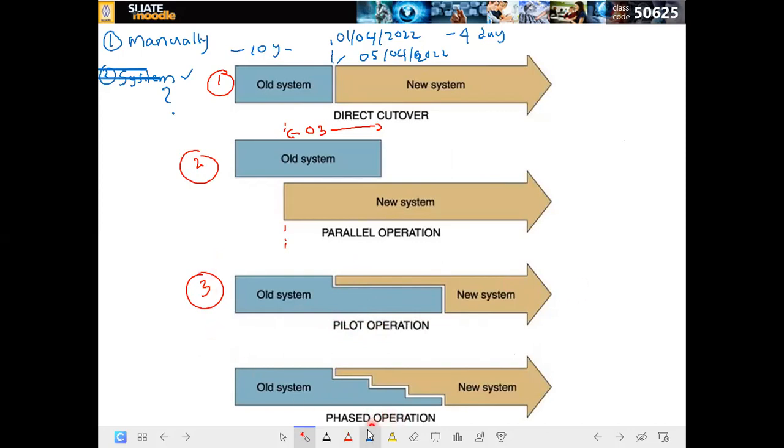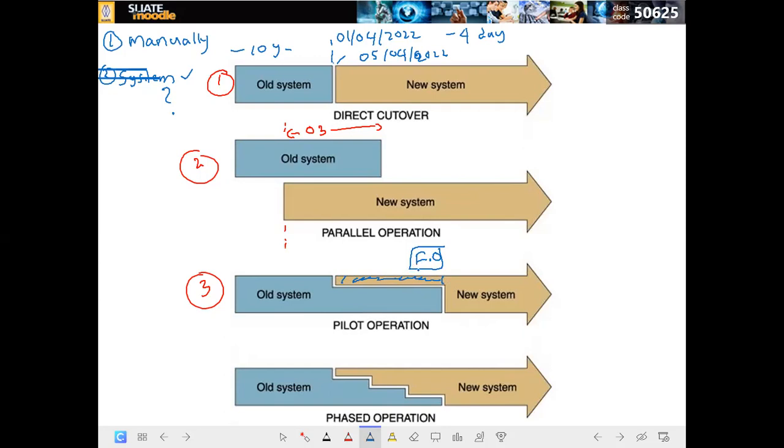අපි උදාහරණයකට ගමු. For example, this is the front office part. Front office application of the new system you are going to use, right? Then you may identify it's okay, it's running perfectly.